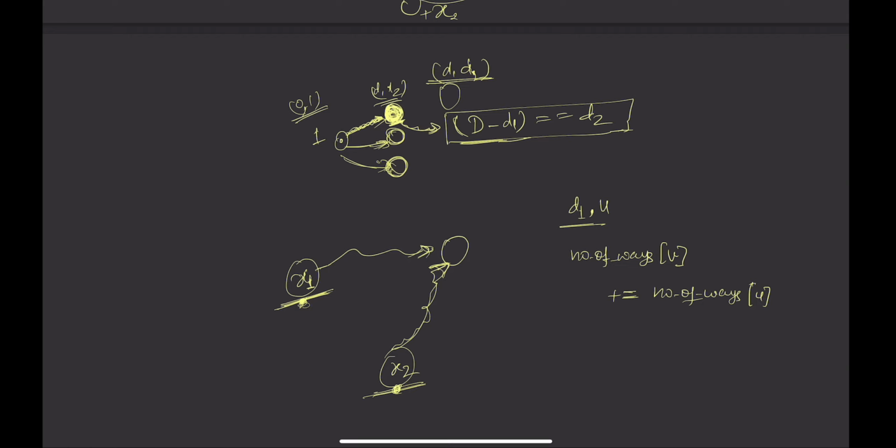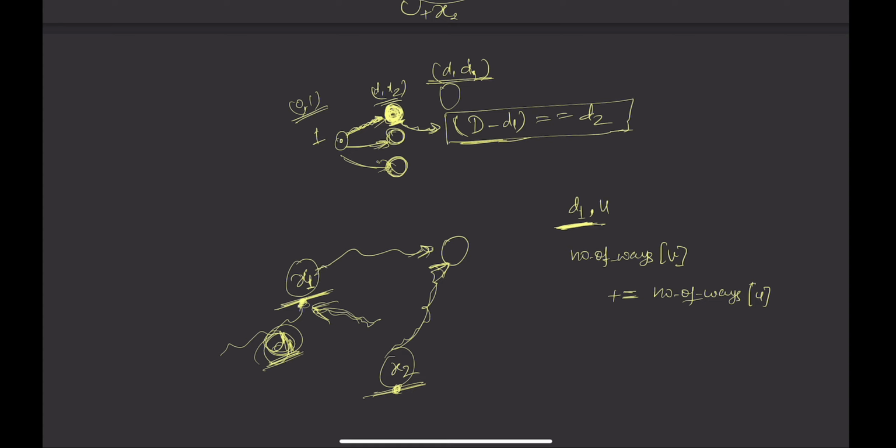Yeah, so the order should be in the order of distances, not the number of ways. Because if I already have reached x1 in the shortest amount d1, then there is no point to visit that node again. That means this node's value is finalized, right?